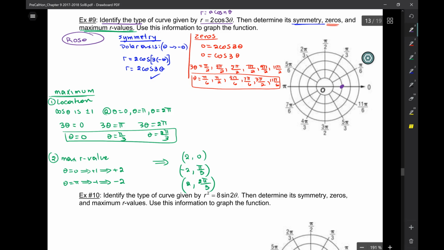At pi over 3, it's negative 2. 2 pi over 3, it's positive 2. And then it's 0 everywhere else in between. So I'm fine with you drawing your rows like this. Okay, we'll try to make it even.